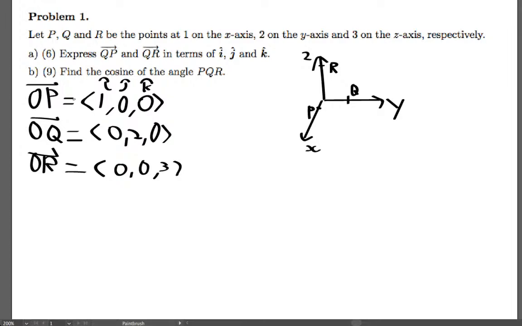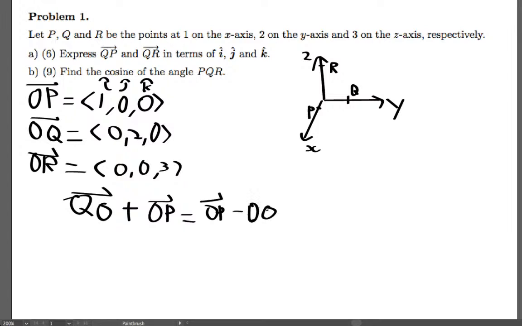So if you want to find vector Q to P, that means it's position vector P subtracted by position vector Q. Or you could write it first as vector QO plus vector OP, which we can just write as OP minus OQ.